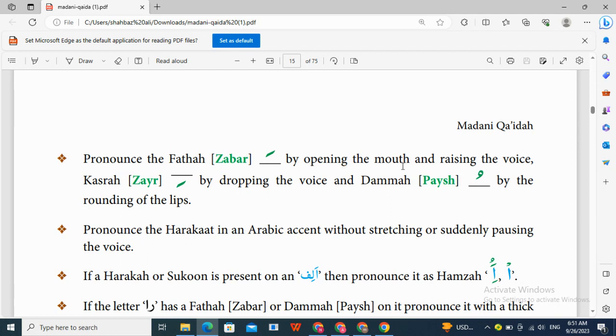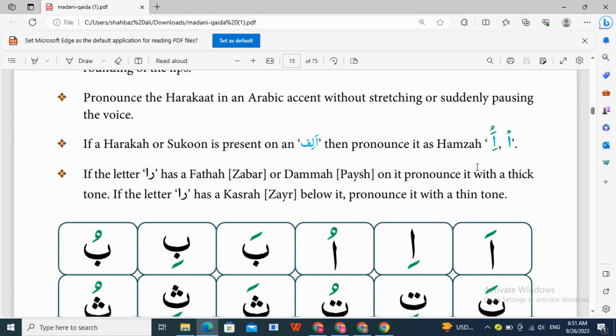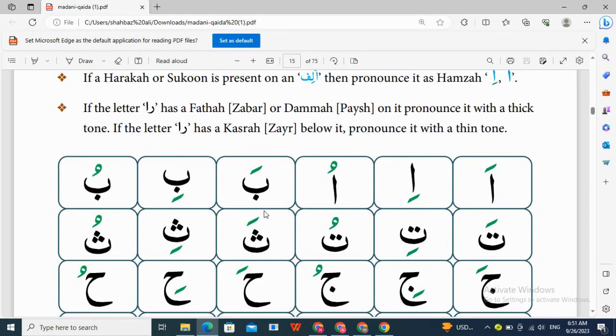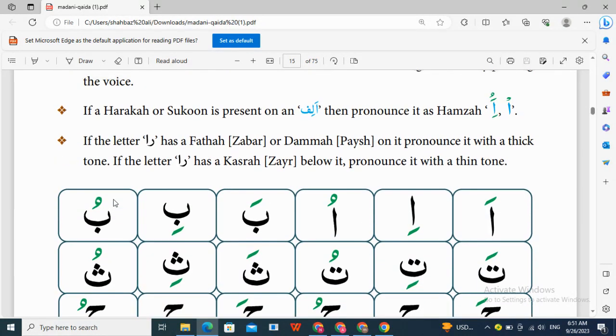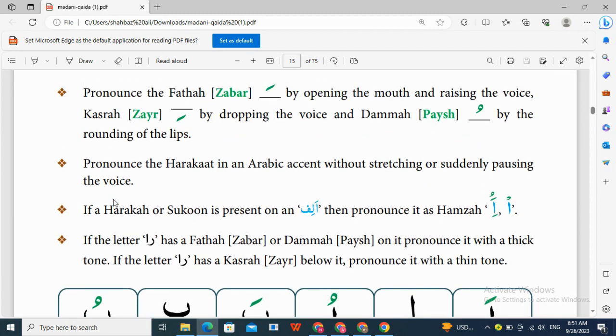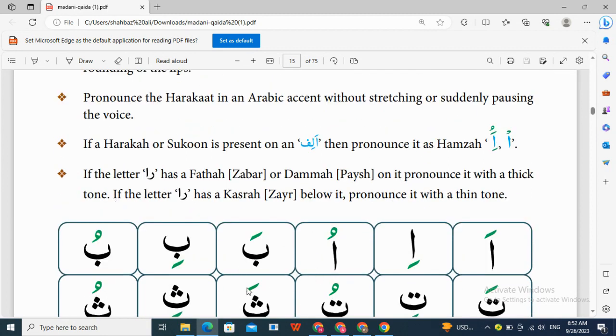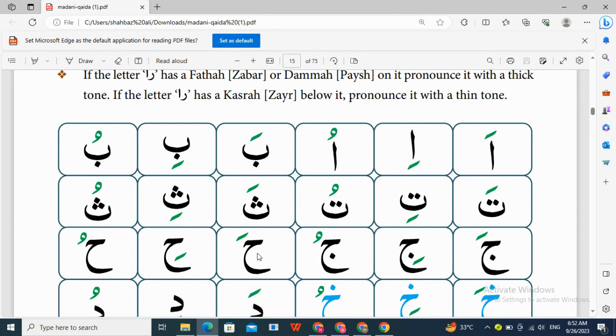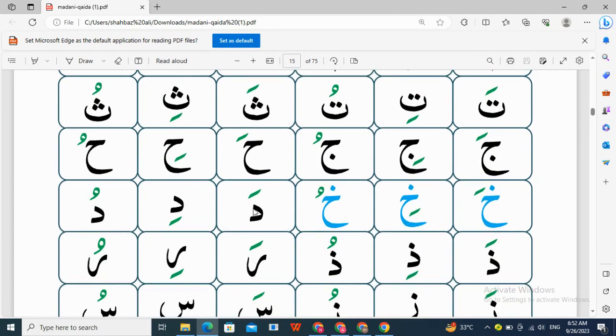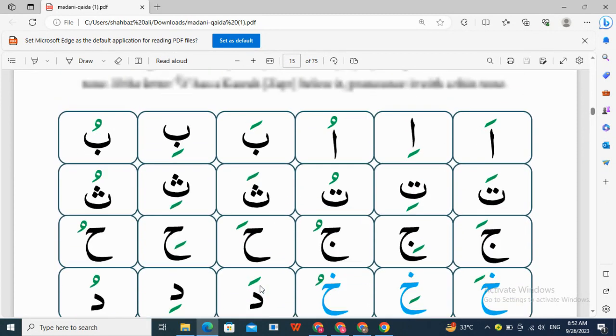Pronounce the zabar by opening the mouth and raising the voice, just like ba, tha, ha, da, wa, sa. Okay, got it?